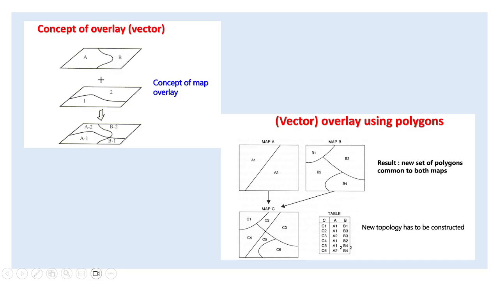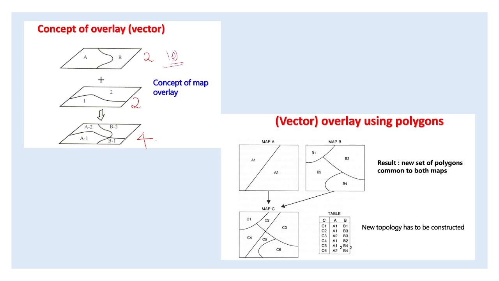Now, when you intersect these two, what will be the output that you're getting? And you can see it over here. We have basically 4 polygons. So instead of 2 here and 2 here, in the output you have 4. Let's say if you have 10 polygons here, like sir has also given this example.